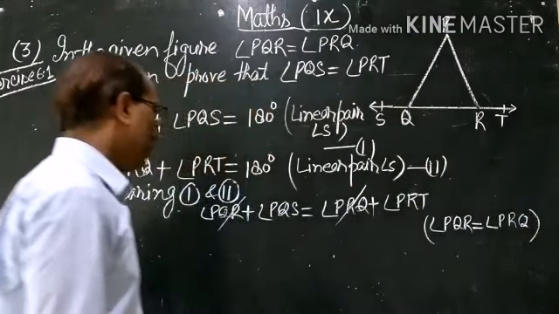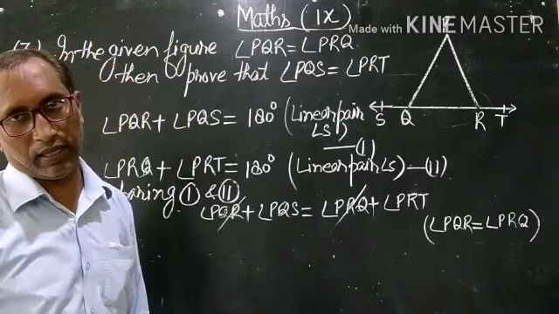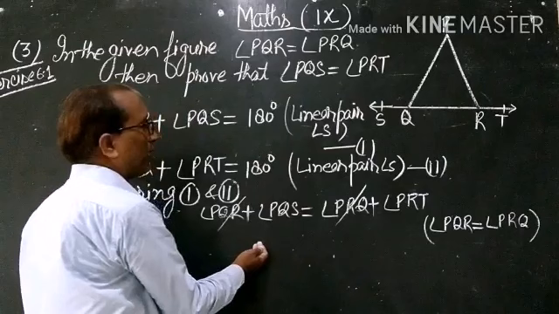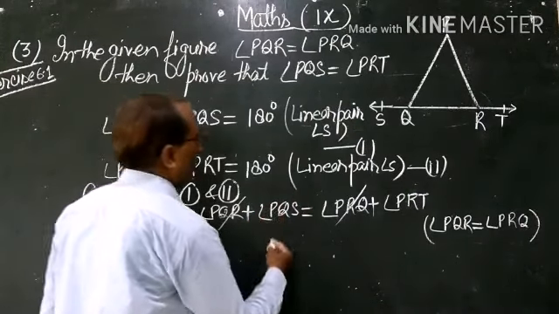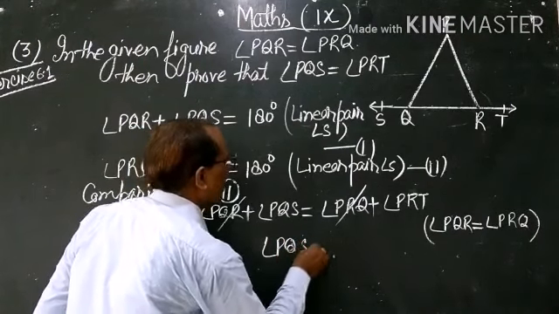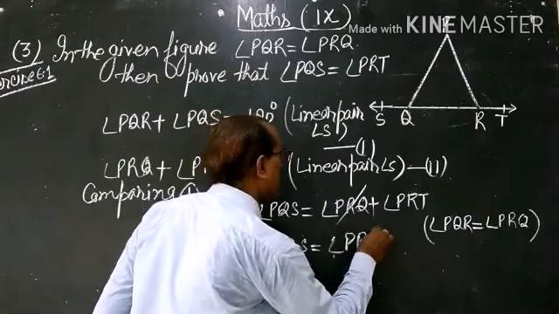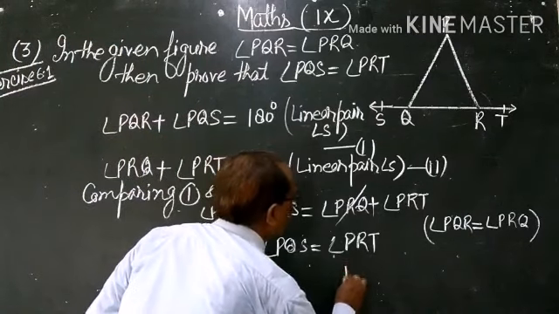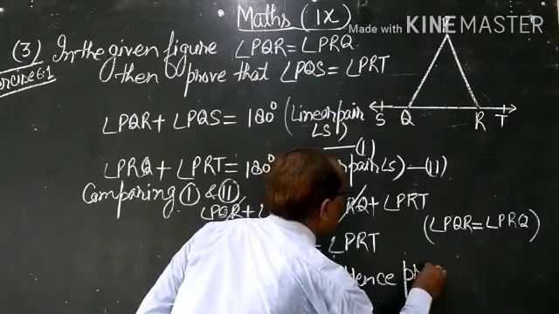So these are cancelled here because both are equal. If you transpose this angle here, then they will be cancelled here. Therefore, angle PQS is equal to angle PRT. Hence proved.